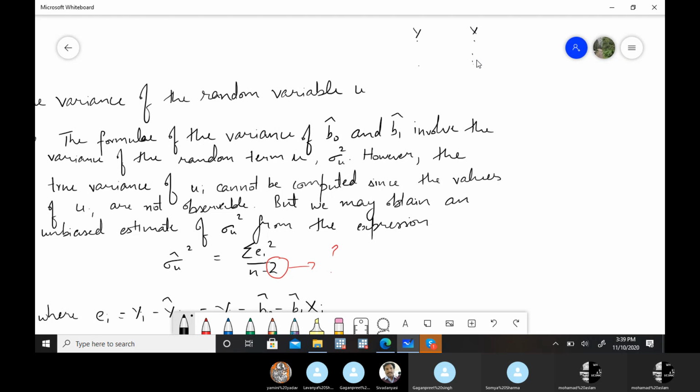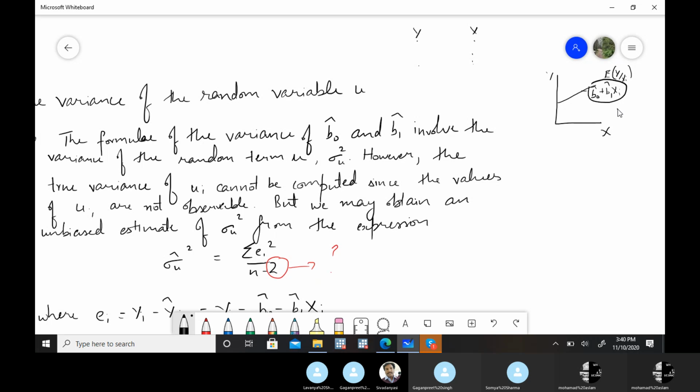To find the regression line, meaning the relation between x and y, we estimate a regression line, right? That regression line is beta 0 hat plus beta 1 hat times xi. This is our expected value of y given xi, or you can say y hat.